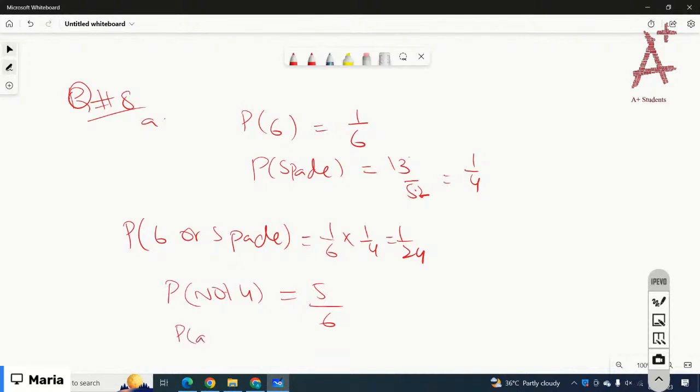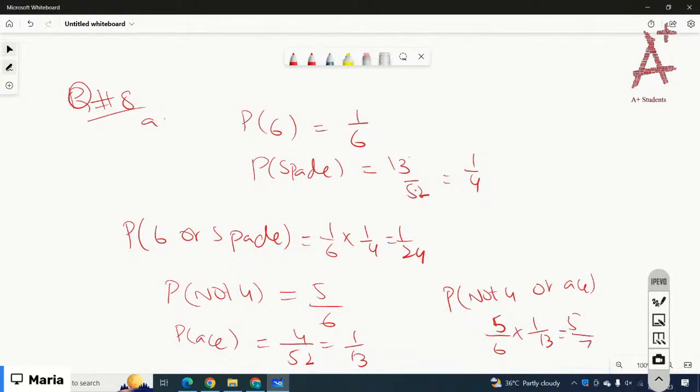But the probability of ace is, the total cards are 52, 4 of them are aces, it would be 1 over 13. So you have to multiply the probability of not 4 and ace. So let's just multiply them, it would be 5 over 6 times 1 over 13. It would be 5 over 78, right?